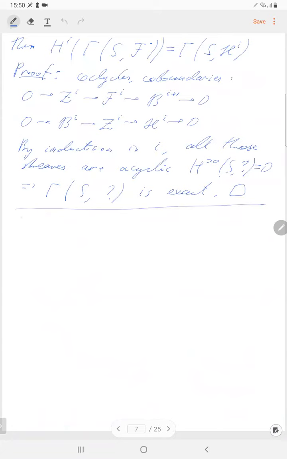So we know that all the higher direct images of projection to S of L prime are absolutely 0, and we want to prove that L is decomposable.